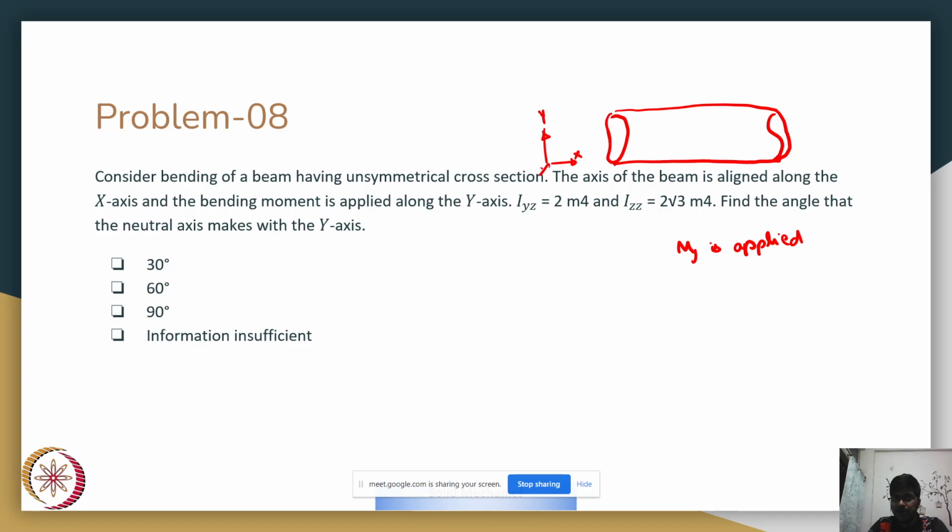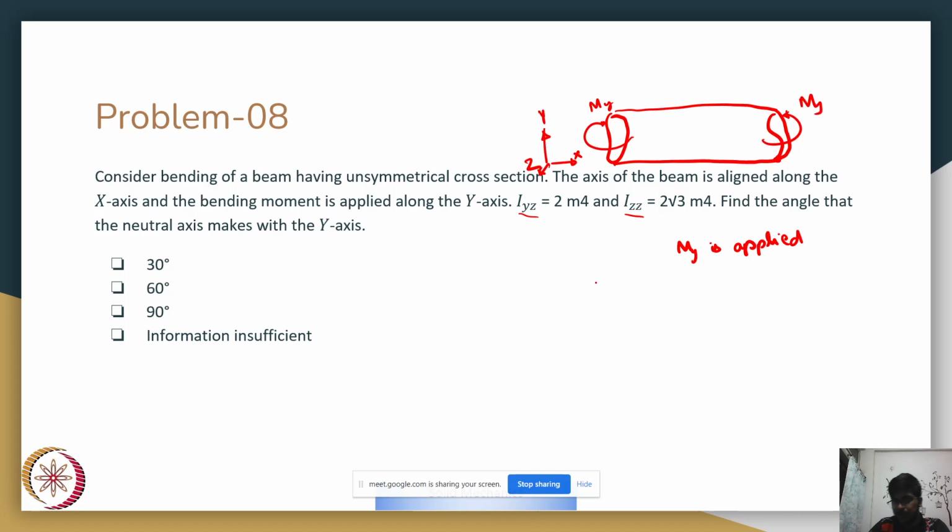Drawing a coordinate frame x, y, and z, the bending moment is applied along y, so you have My being applied, and we are given values of Iyz and Izz, and we are asked what angle the neutral axis makes with the y-axis.